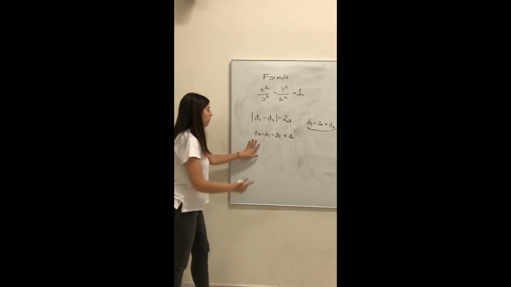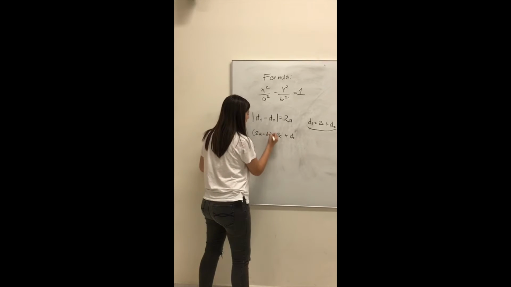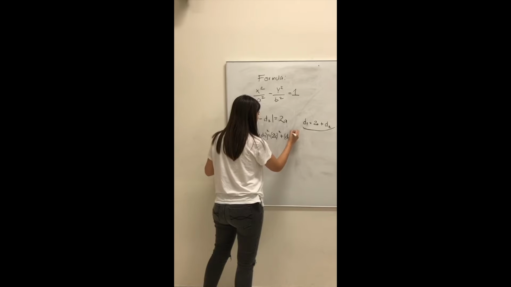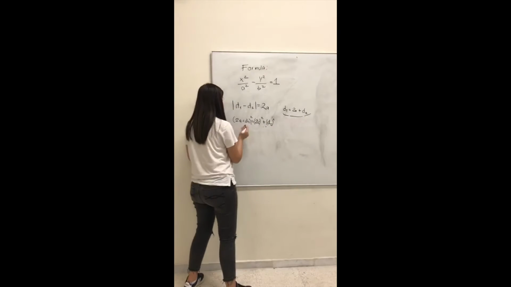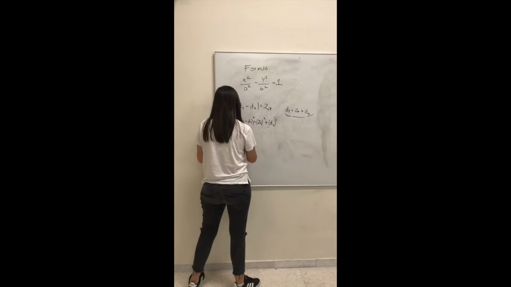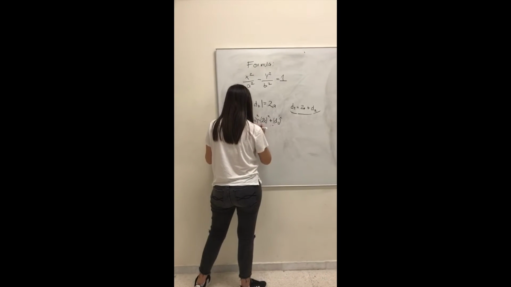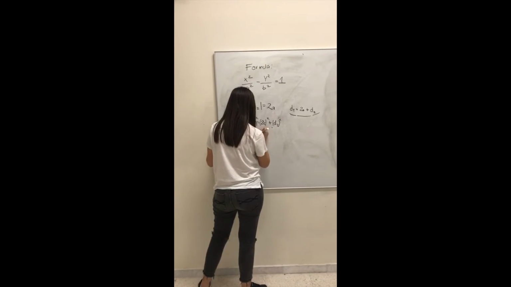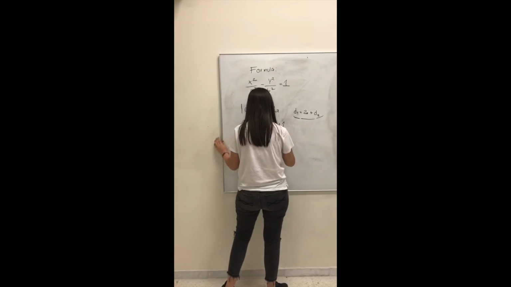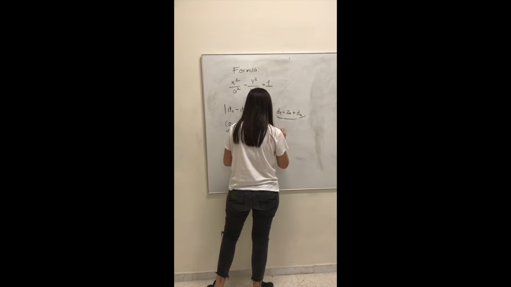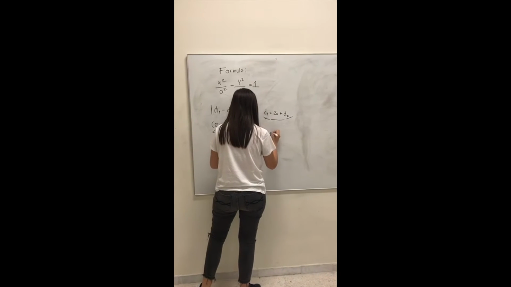And now we will square everything. And we will solve this, which is 4A squared plus 4AD2 plus D2 squared equals 4C squared plus D2 squared.